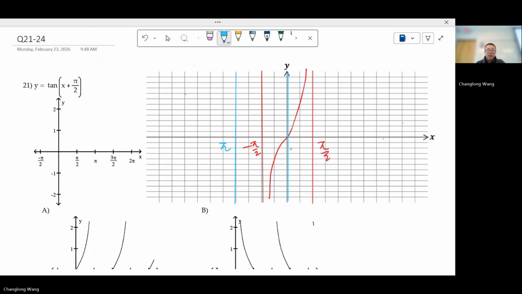And then the x-intercept is going to go to the left by pi over 2. This is what the new graph looks like. That's tangent of x plus pi over 2, okay? That's the tangent graph. It's pretty much, you know what the tangent looks like, then just shift it.